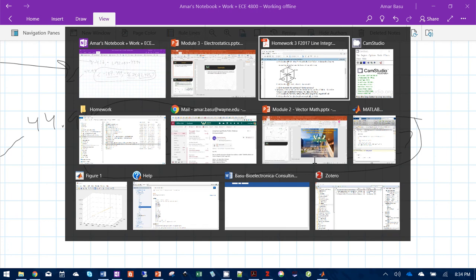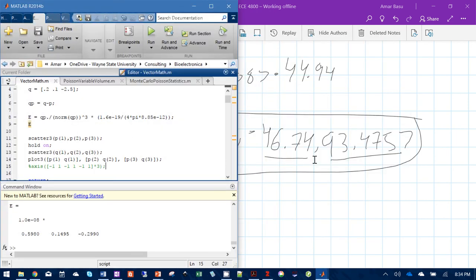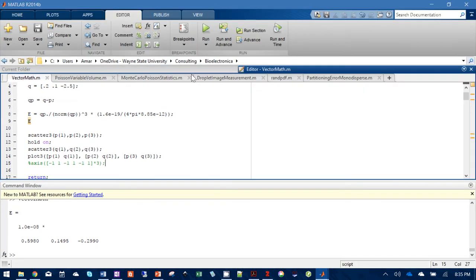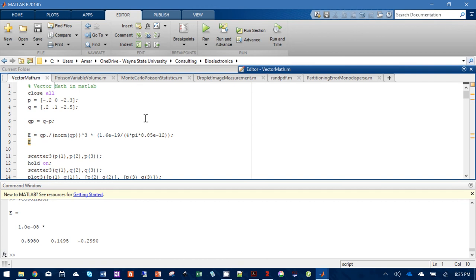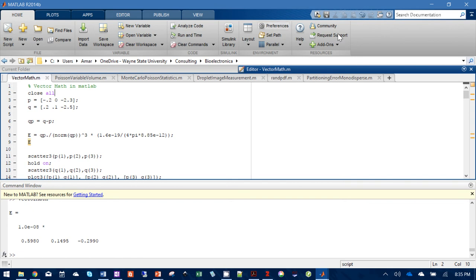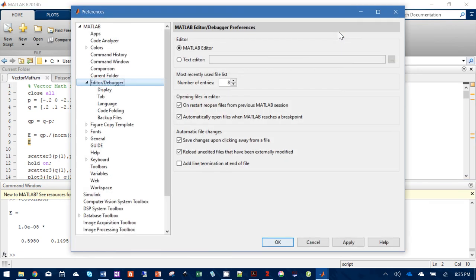In fact, I had started on this, but I didn't check it over. But let me just show you how you would do this type of problem in MATLAB. I think you'll find this useful. So let's go over each one of these things. I think last time you all were saying that you needed larger fonts, so let me just change the font size real quick.